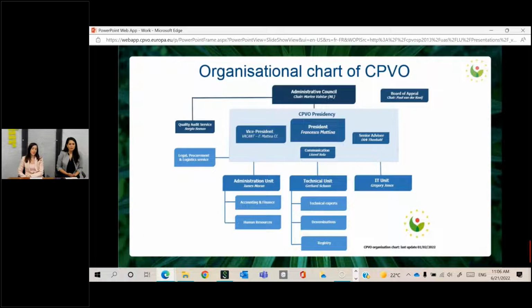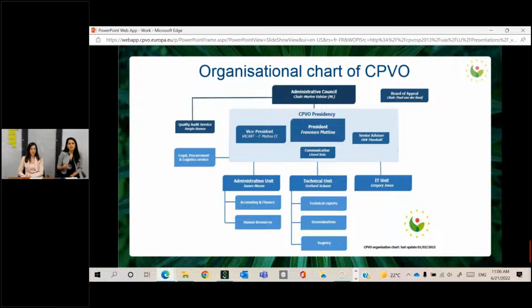I'm leaving here the organigram because it's very important that we consider, on one side, that the Community Plant Variety Office is self-financed, financed on the basis of the fees, and we will see about the fees later.